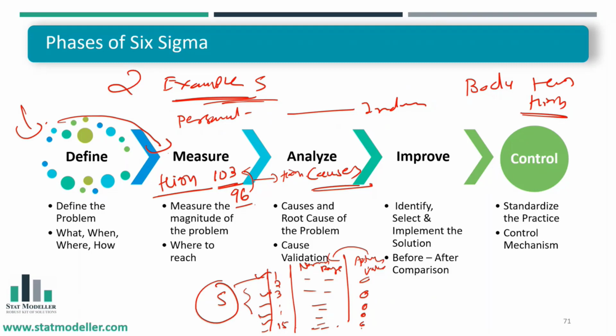Now, the doctor might have studied all these 15 parameters in the form of this blood and urine test, but these are all the possible reasons which might be affecting. Once we have tested, we came to know it is only 5, not the other 10. Okay, so the medicine prescribed by the doctor comes here, like identify, select, and implement the solution.